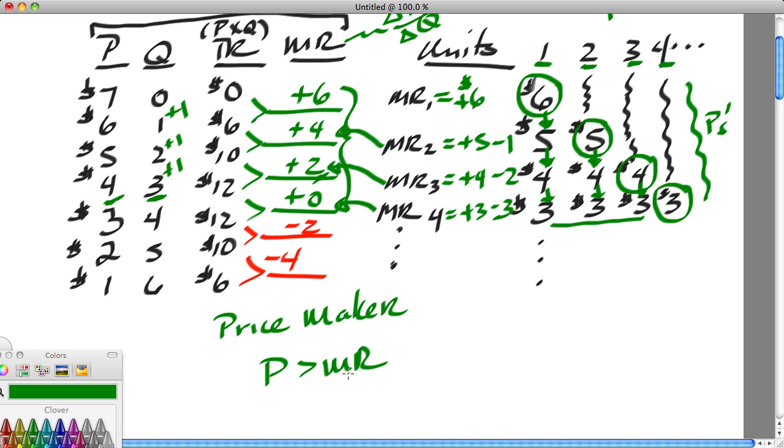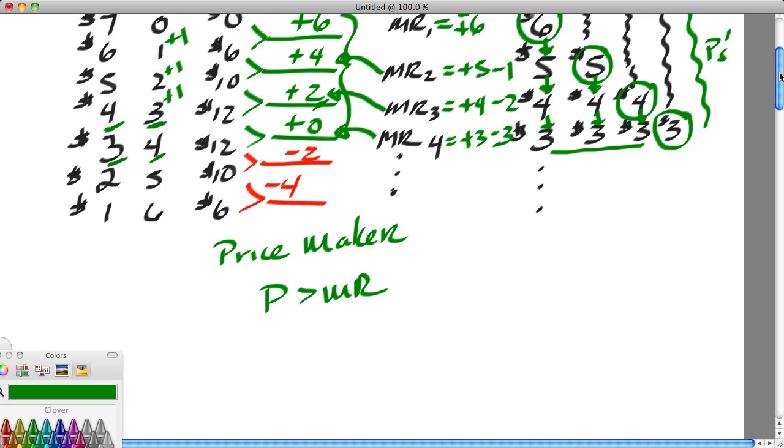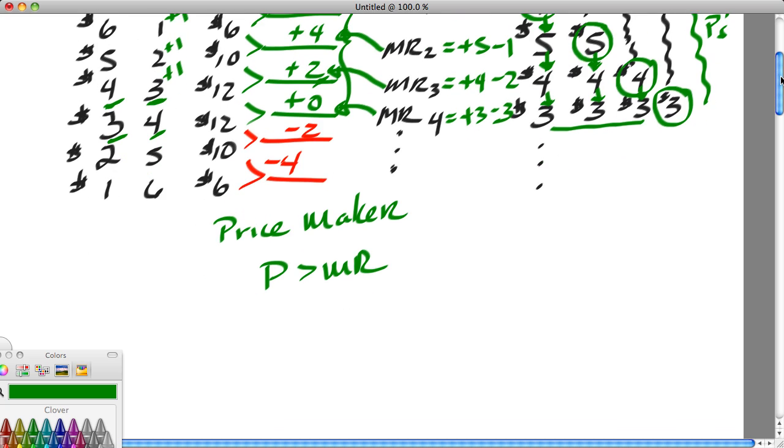Price is 4, marginal revenue is 2. Let's say we want to sell the fourth unit. We lower the price to 3. We get $3 on the fourth unit. However, the fourth unit doesn't add any revenue to our total revenue. Its marginal revenue is 0. So again, except for the first unit, price will be greater than marginal revenue.